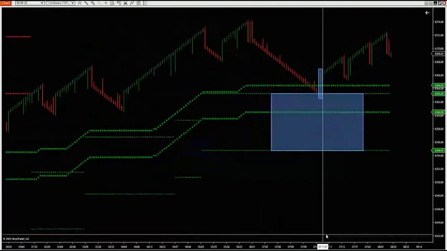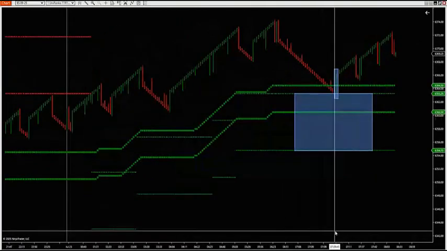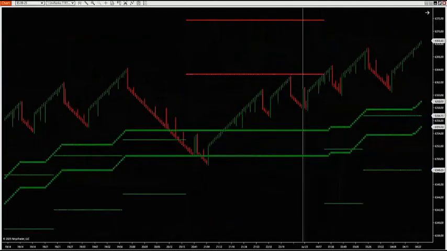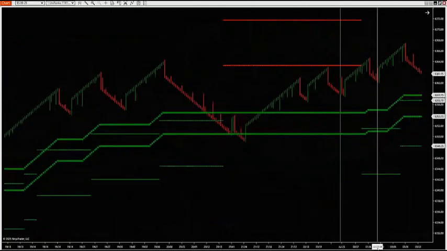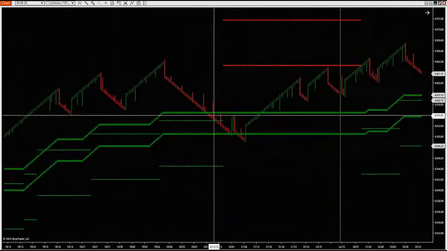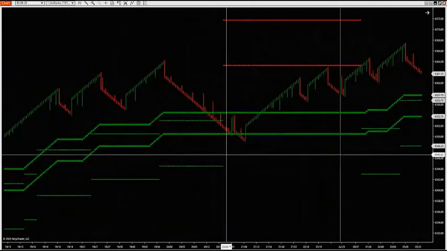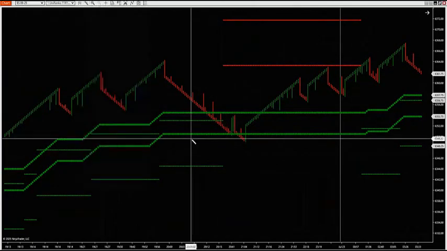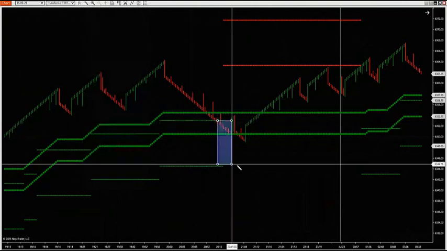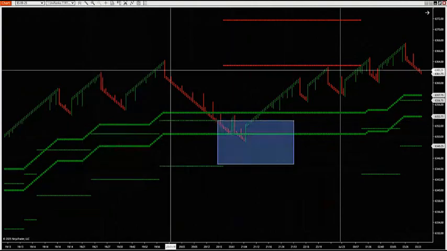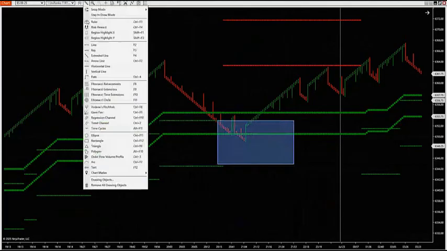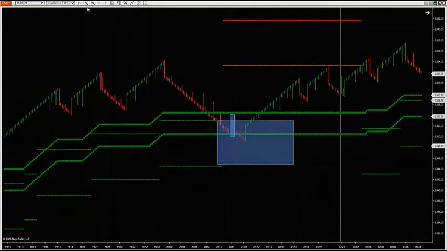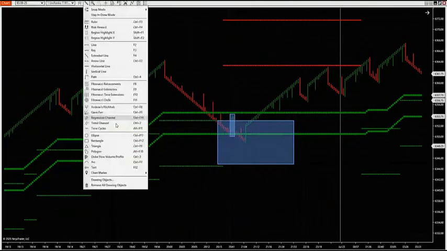Okay, so you can use smaller Renko sizes for zones. Let's go back and look at those. I'm going to show you what happens with M tops or W bottoms though. If you use smaller Renkos, you can go all the way down to as small a Renko size as you want. You just got to remember that if you use smaller Renko sizes, you may get multiple reversals inside of that zone for W bottoms or M tops.